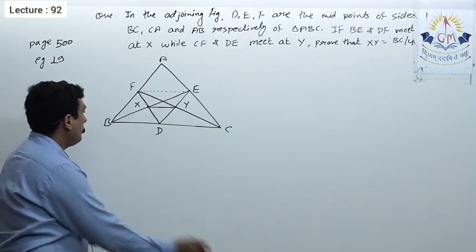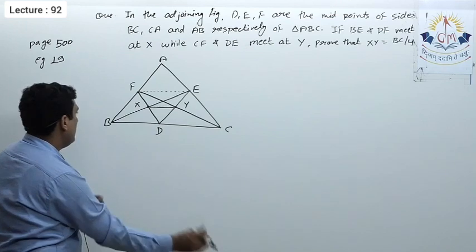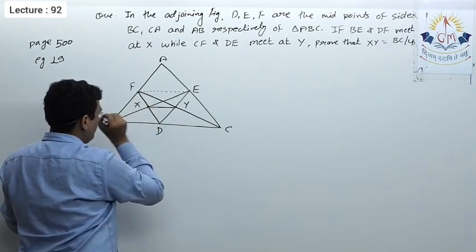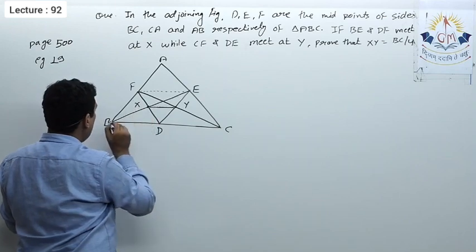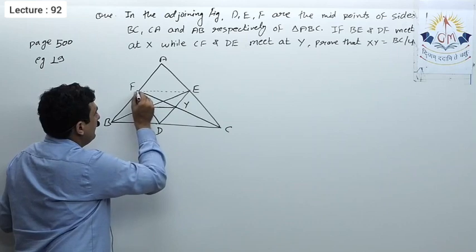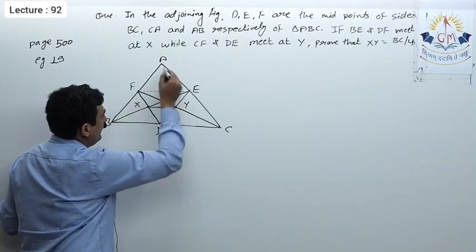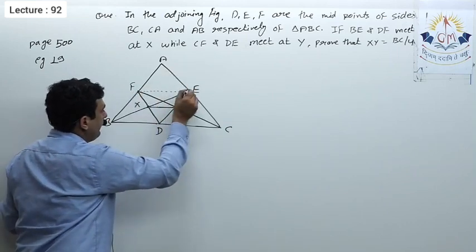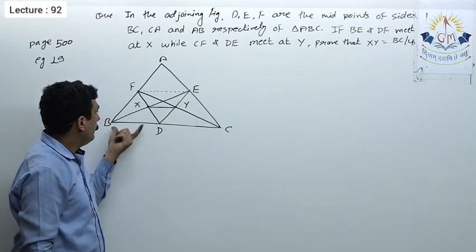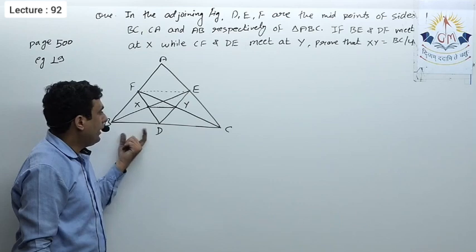However, this particular thing which I am going to prove, we have already done. BDEF is a parallelogram. F is the midpoint of AB, E is the midpoint of AC, so FE is parallel to BC and half of BC.